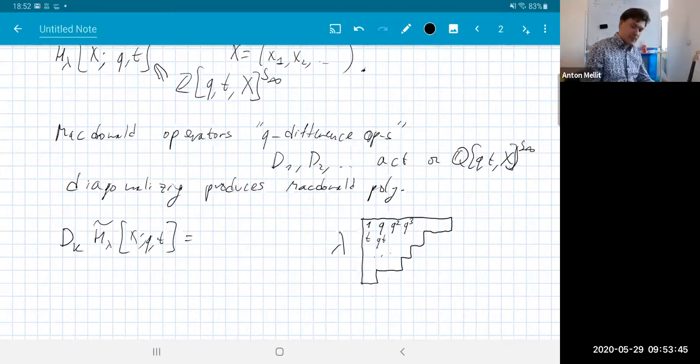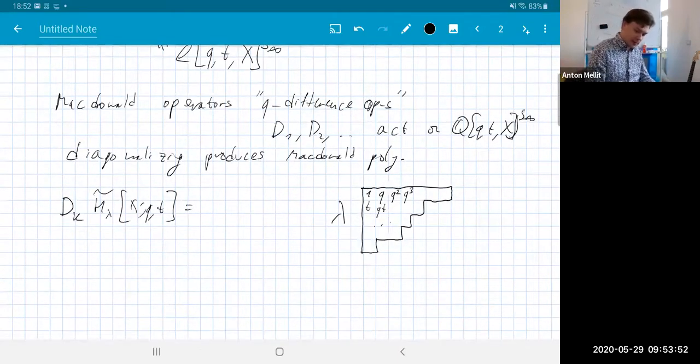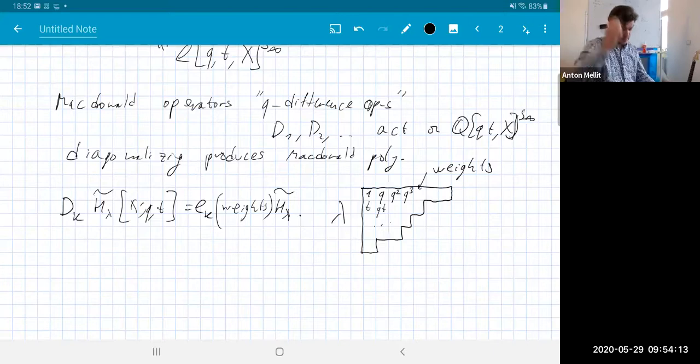And then you can consider different elementary symmetric functions on these monomials. So I can write here e_k of this. These are called weights. You overlay an elementary function in this weight, and that's your multiple. I omit x q t.